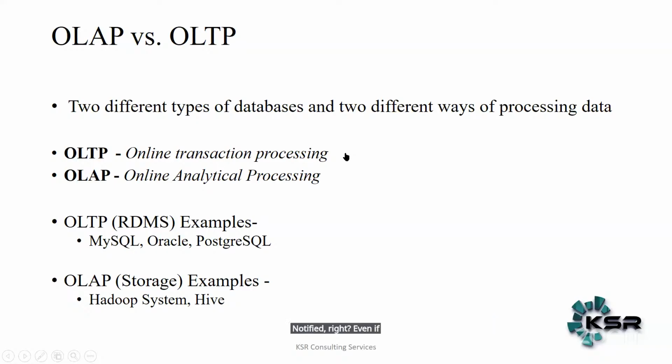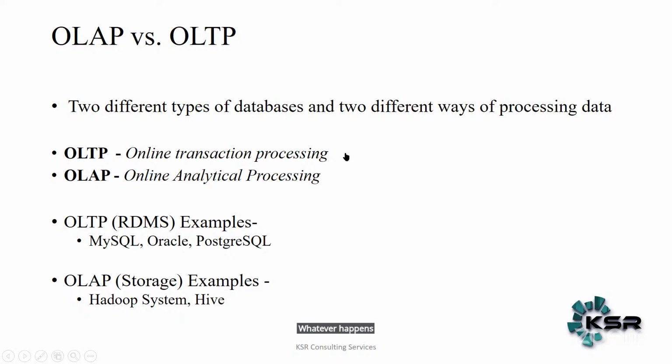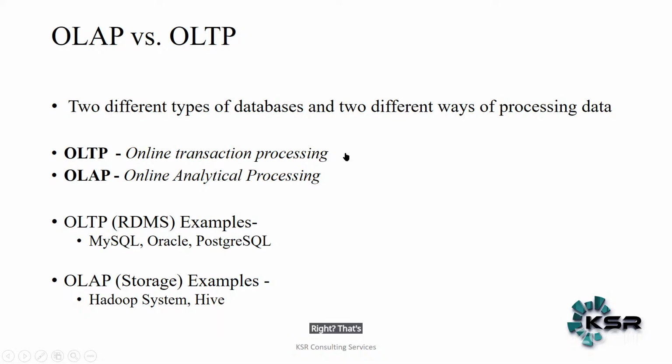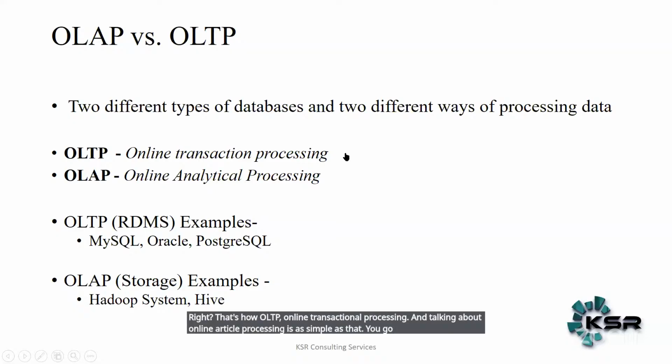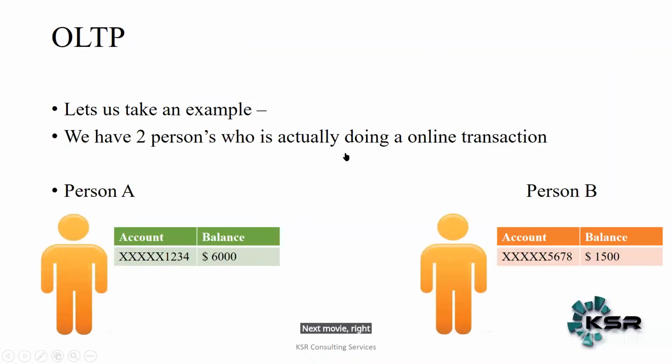Even if you have a network problem, even if there is anything wrong with your SIM card, still you go and check your online banking or net banking, the balance would have been deducted, right? The next second it will be deducted. Whatever happens, no leave, no holidays, any festival, your bank will work, right? That's how OLTP, online transaction processing, works. Talking about online analytical processing, it is as simple as that. You watch a movie, and over the next three or four days, they'll start recommending your next movie, right? So we have seen these examples.